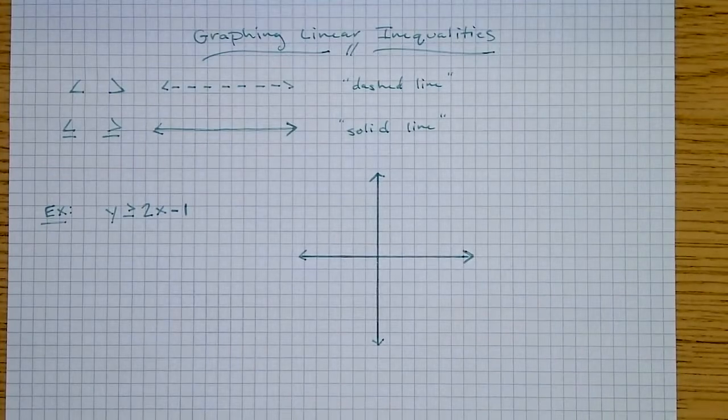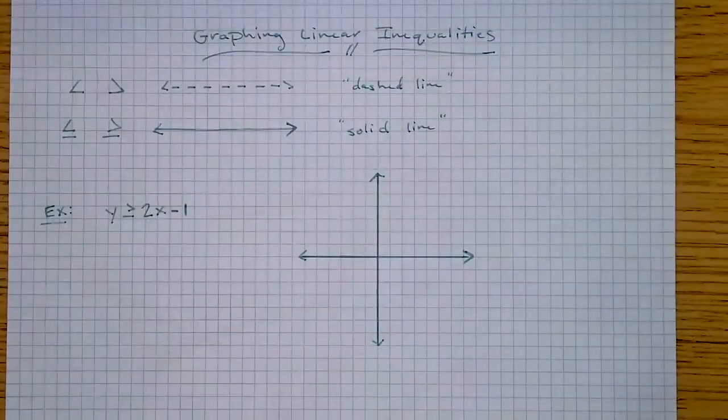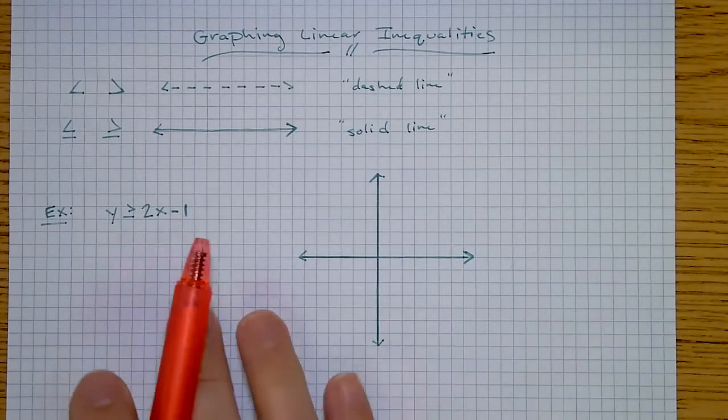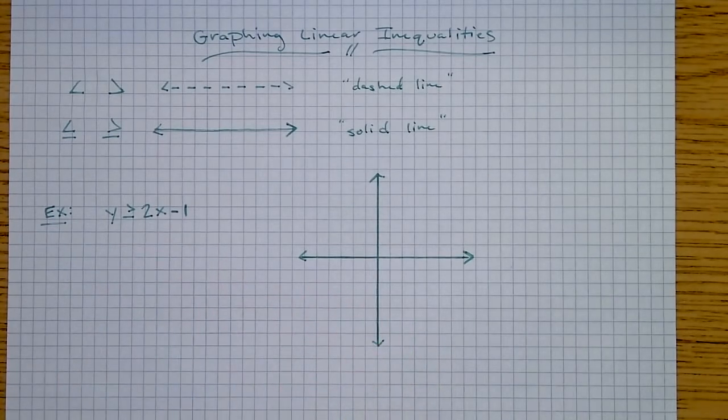All right, so we're going to start with something fairly simple here. Graphing y is greater than or equal to 2x minus 1. All we're really going to do is start just like if we were going to normally graph a line.